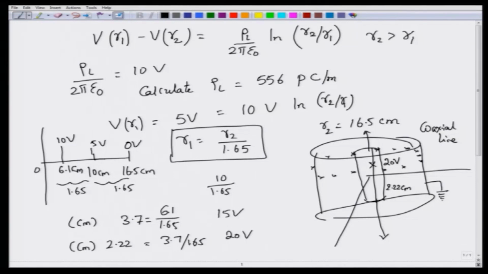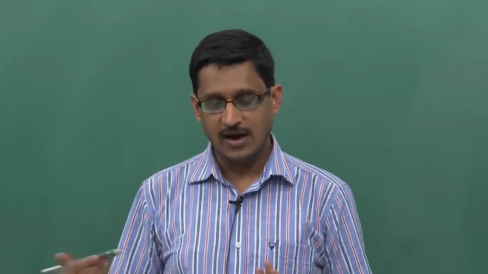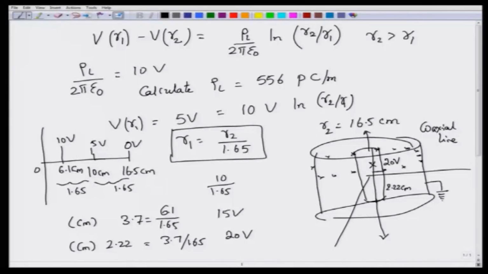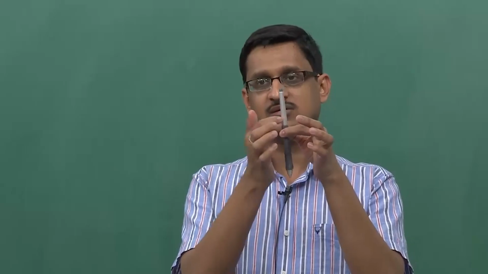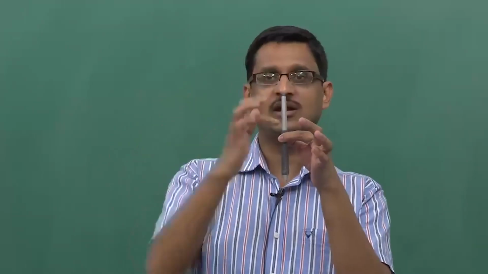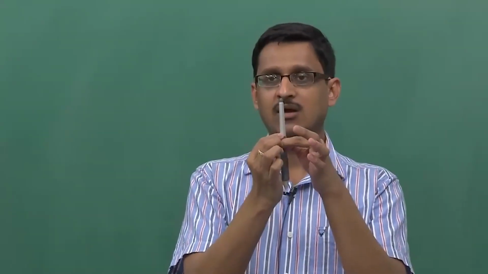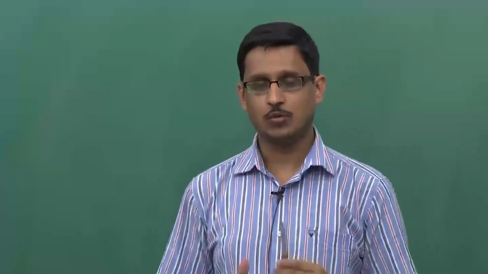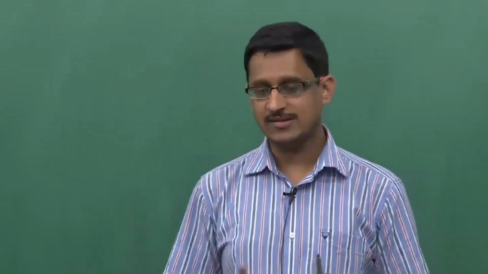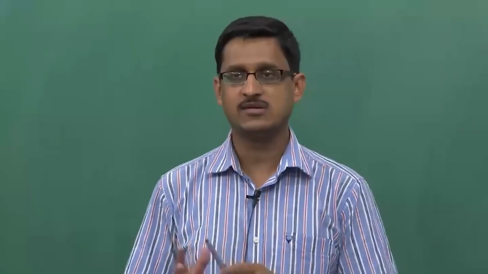Take the 16.5 centimeter as the reference and assume that this 2.22 centimeter thickness that we have is so small that the charge distribution around this 2.22 centimeter cylinder can be approximated by a line charge density at the center of the cylinder. Okay. This is an approximation that we are making, but this is an excellent approximation for practical coaxial cables.